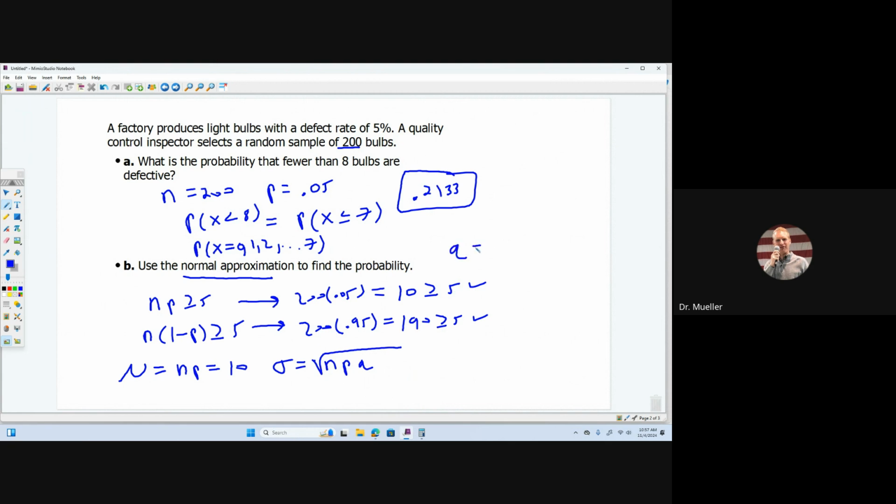Now q, if you're wondering what that is, that's just 1 minus p. So q is just equal to 1 minus p. So in this case, that's going to be the square root of 200 times 0.05 times 0.95, and we can calculate that out.